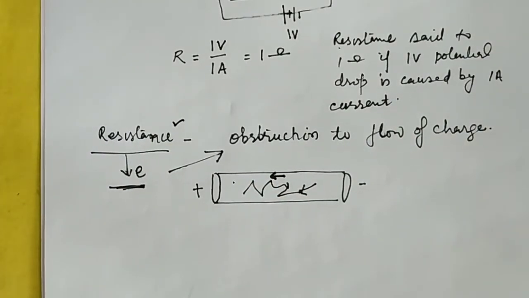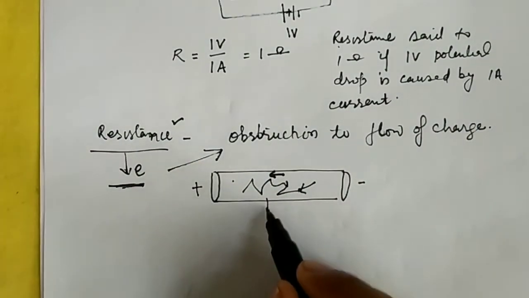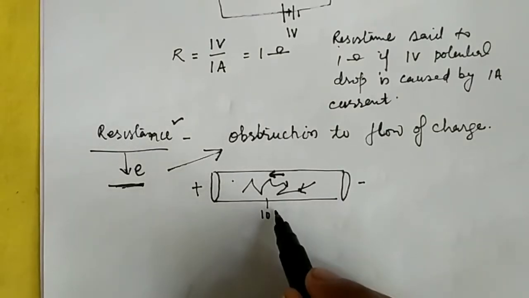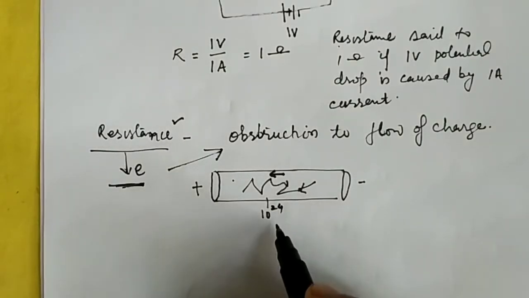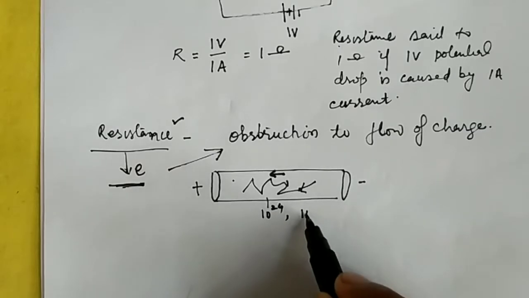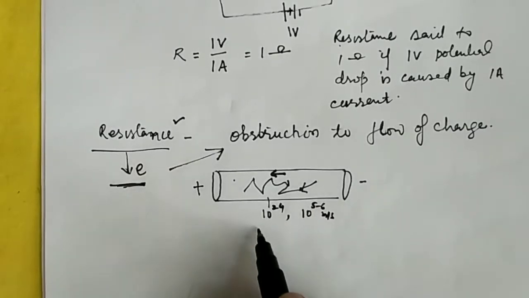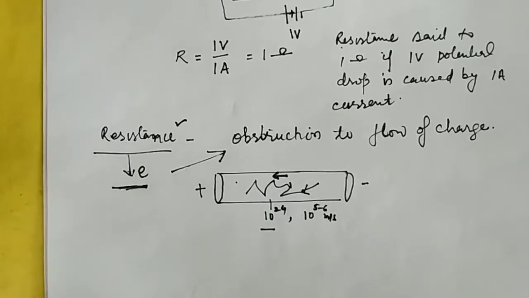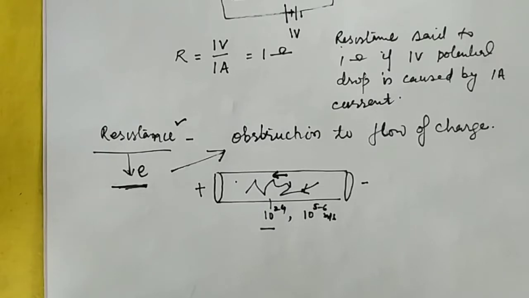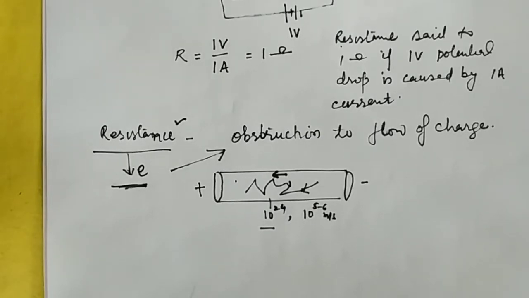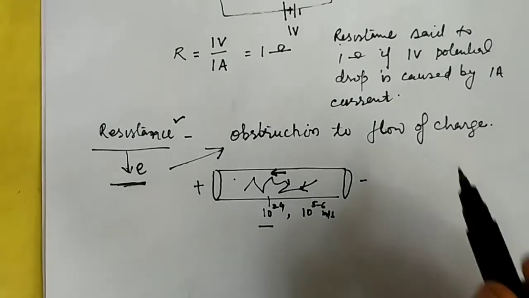Moreover, the number of electrons is of the order of 10 to the power 24 and they are moving with a velocity of 5 to 6 meter per second. This much large cloud of electrons moving very fast is just like a stampede, and you cannot move much in a stampede.